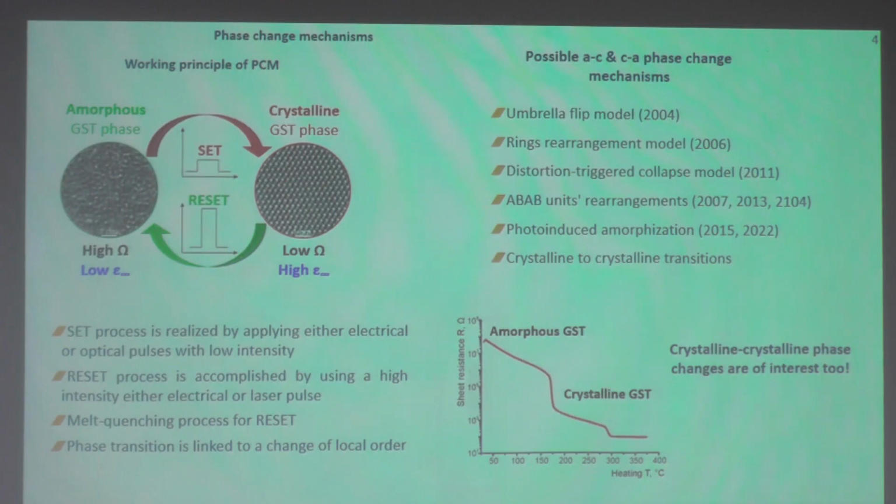So up to now, there are several phase change mechanisms proposed in the literature. They are listed here. These are possible amorphous-crystalline and crystalline-amorphous phase change mechanisms. One of the first models was proposed in 2004, and it's called the umbrella flip model. The second model was proposed in 2006, and it's based on ring rearrangement. You know that the amorphous phase consists of rings like AB.